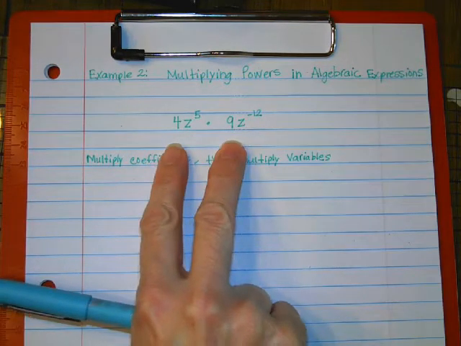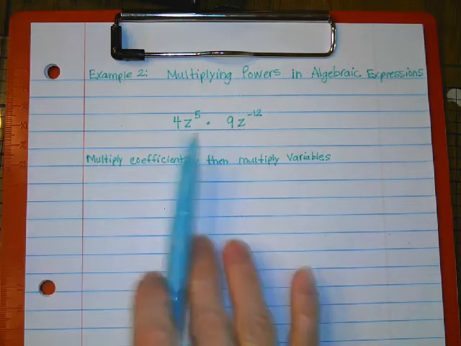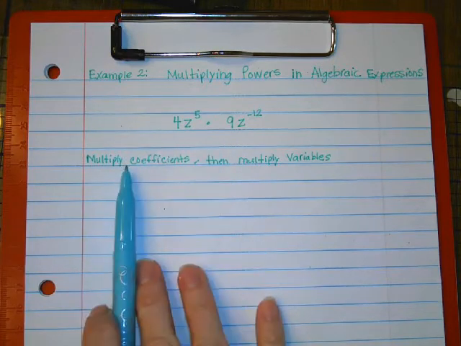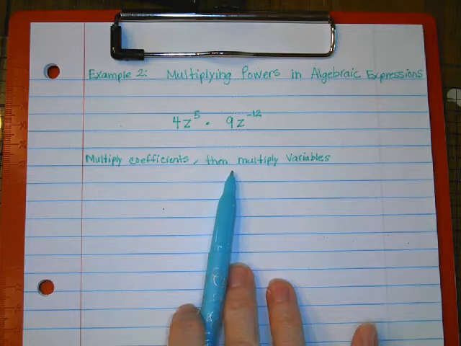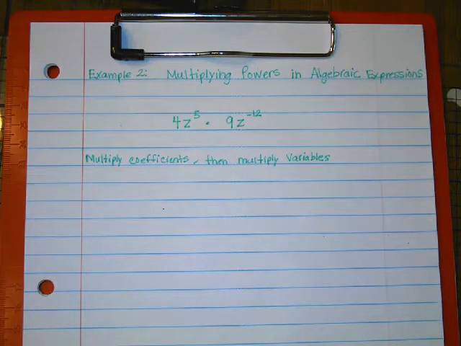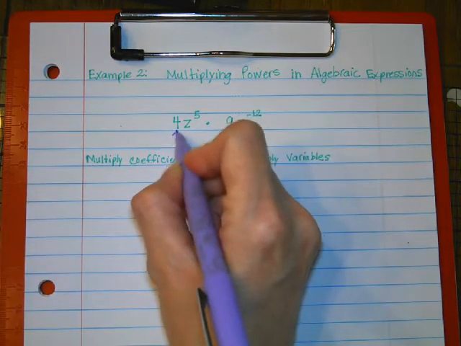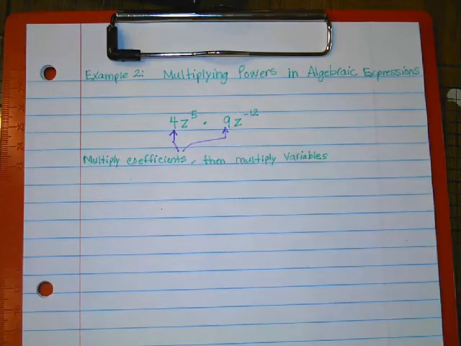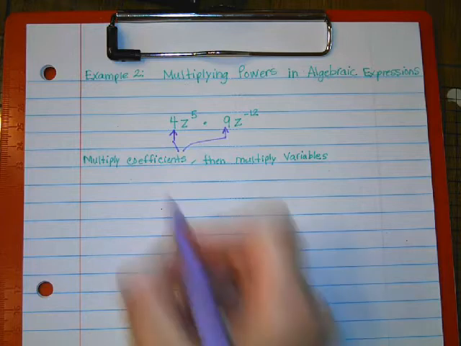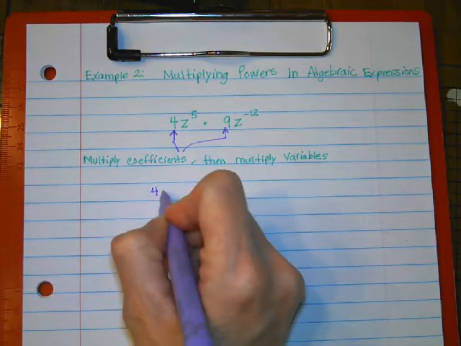Now we have parentheses that kind of changes everything. But when you're just basic like this, we'll multiply the coefficients first and then we'll multiply the variables. So my two coefficients at this time are 4 and 9. Those are your coefficients. So I'm going to take the two coefficients, 4, and multiply it by 9.